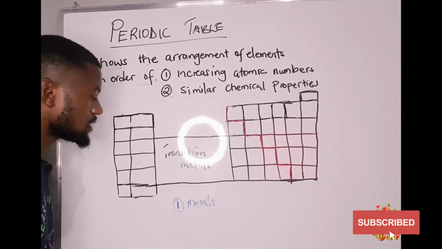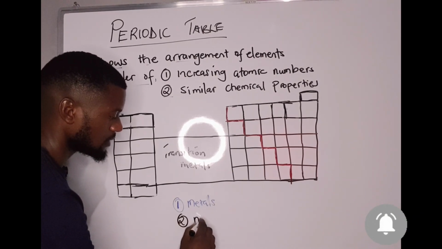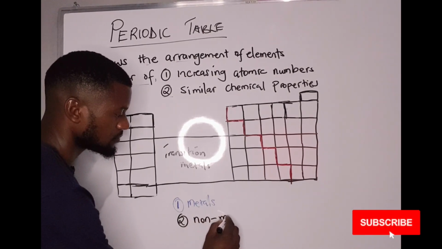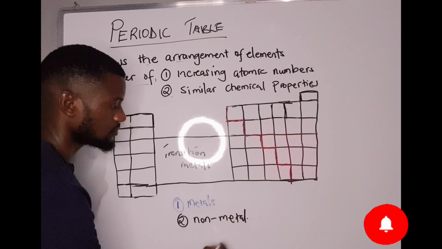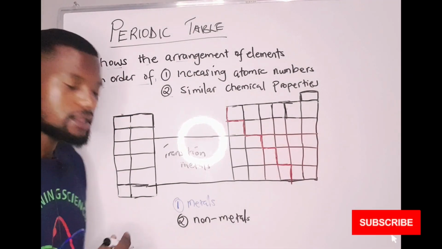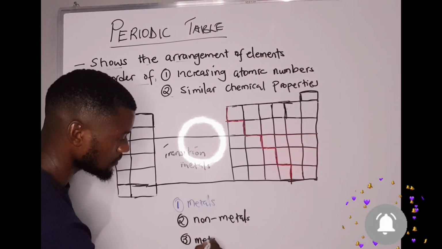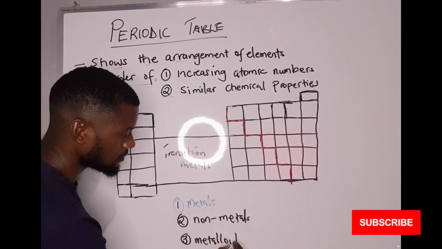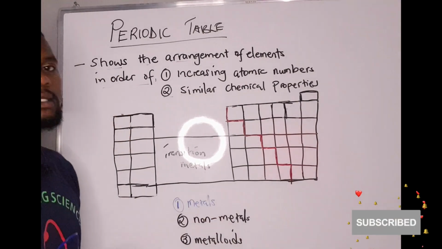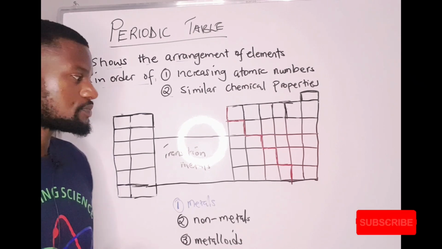The other representation here is non-metals. So some of them are non-metals. Then we also have what we are calling metalloids.